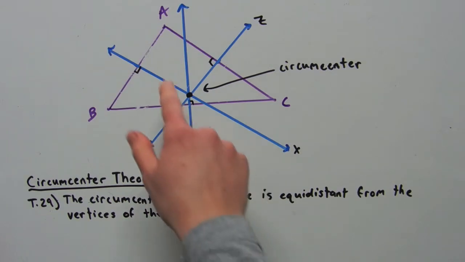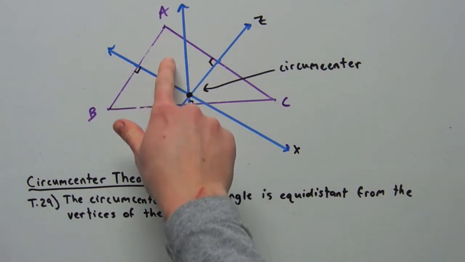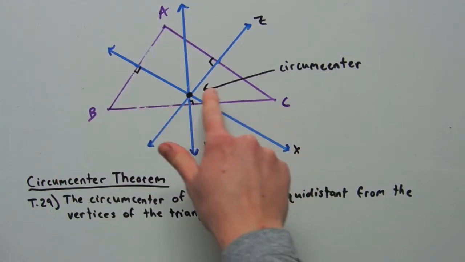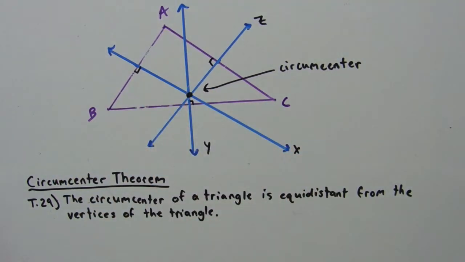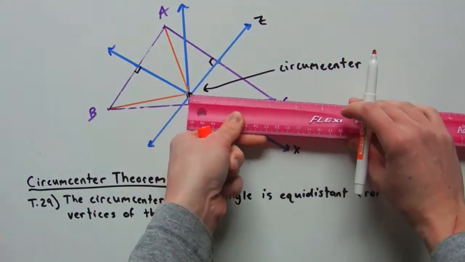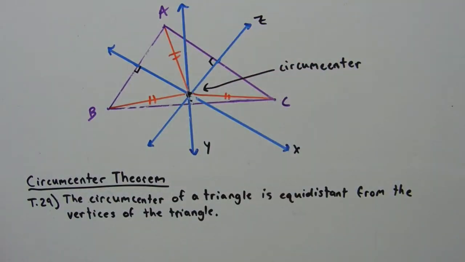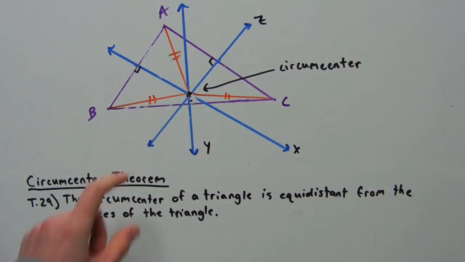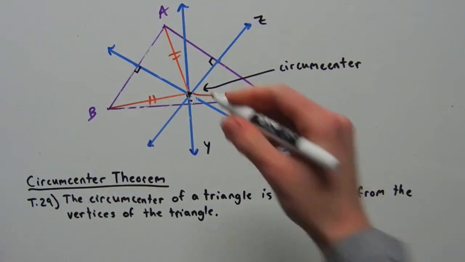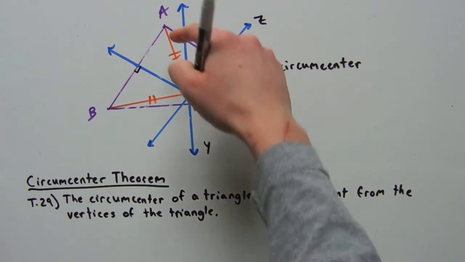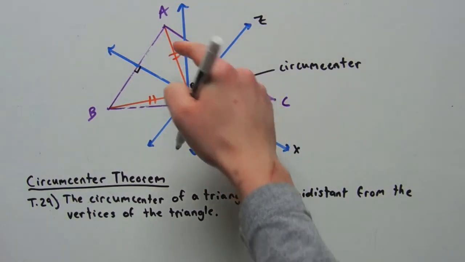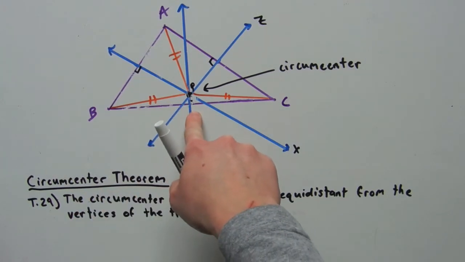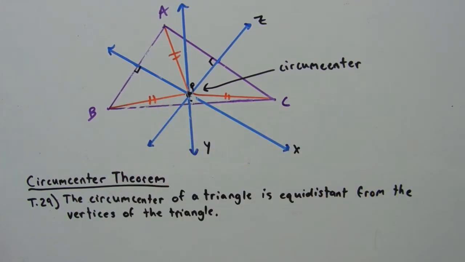This theorem says that vertex A is the same distance to the circumcenter as vertex B is, as well as vertex C. So it's saying that A to the circumcenter, if we name the circumcenter P, A to P is the same distance as B to P, which is the same distance as C to P. So those are all congruent.